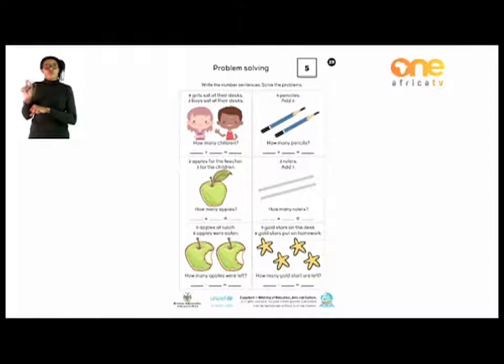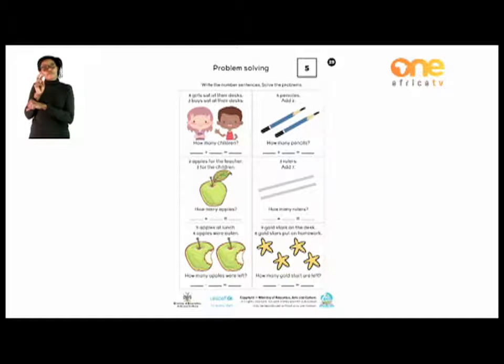Let's look at the pencils. There are 6 pencils. Add 2. How many pencils? Now, on the first line, we will write, how many pencils are there? 6. So on the first line, we will write the number 6.